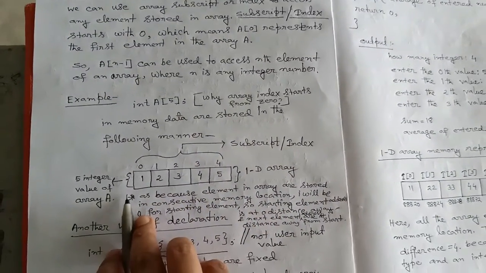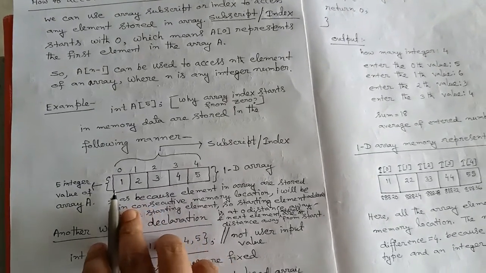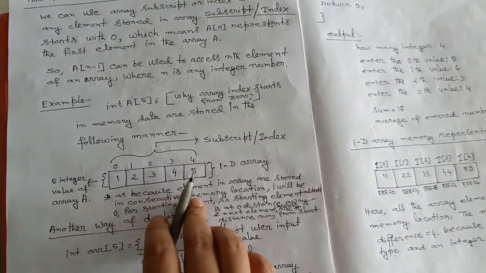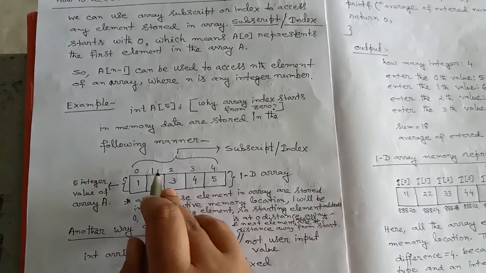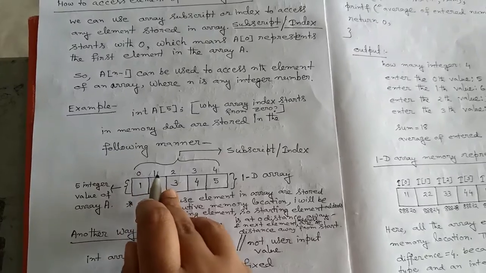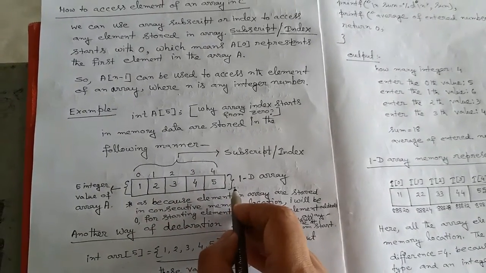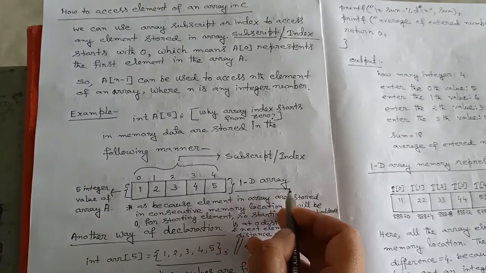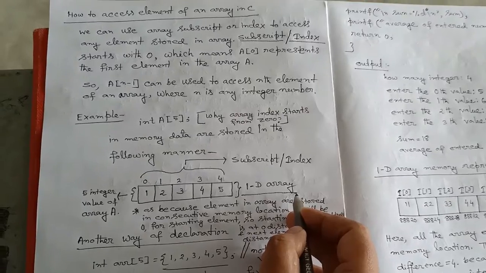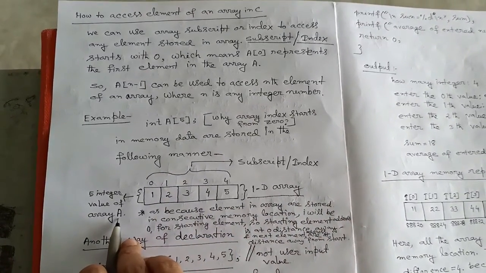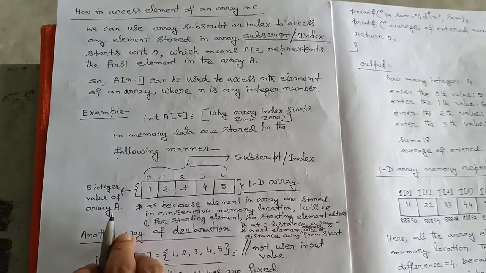Look here, this array stores the 5 elements 1, 2, 3, 4 and 5, but the index or subscript starts from 0, 1, 2, 3 and 4. This is the representation of a 1D array, that means a one-dimensional array. And here the array a contains 5 integer values.